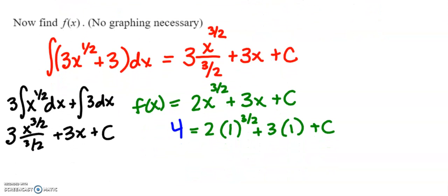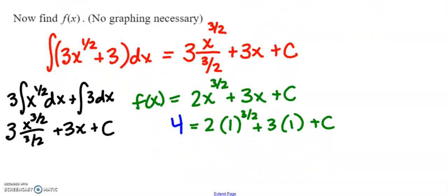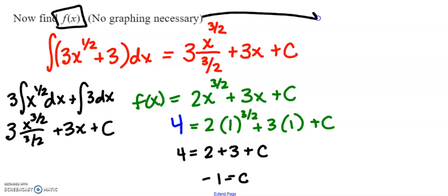Well, this allows me then to find my c value. So I'm going to have 4 equals 1 to the 3/2 is just 1. So 2 plus 3 plus c. C is going to be equal to -1, which means that f of x, my specific solution, is 2x to the 3/2 plus 3x minus 1.